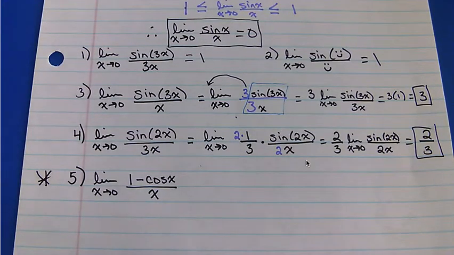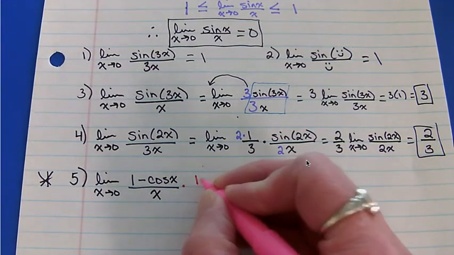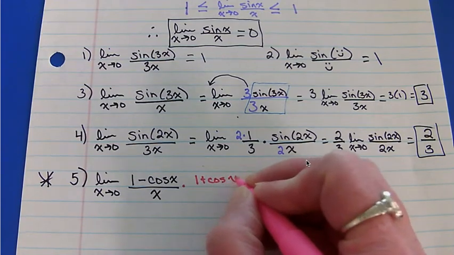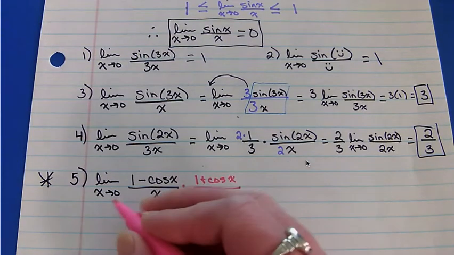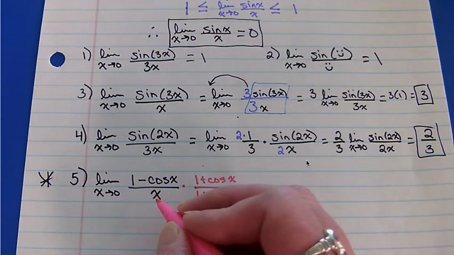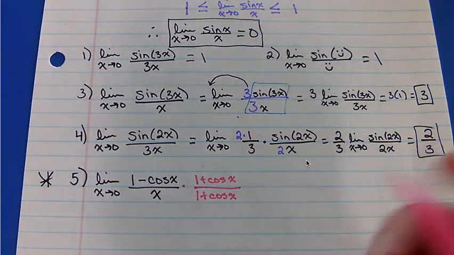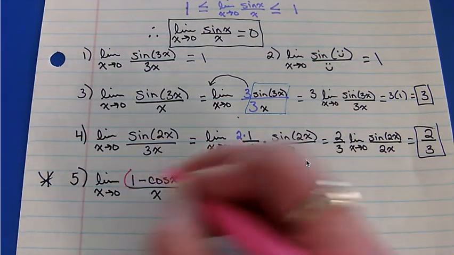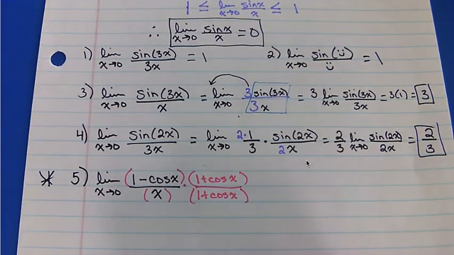So I am going to have some math fun. I'm going to multiply this fraction by another fraction. I'm going to multiply it by 1 plus cosine x, kind of the conjugate, because right now if I plugged in a 0 I'd get 1 minus 1, 0 over 0, not good.